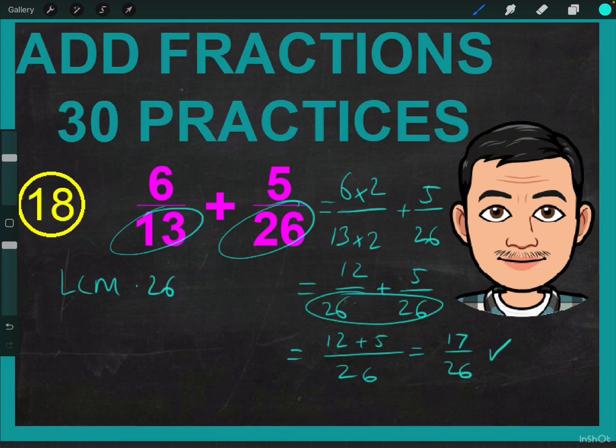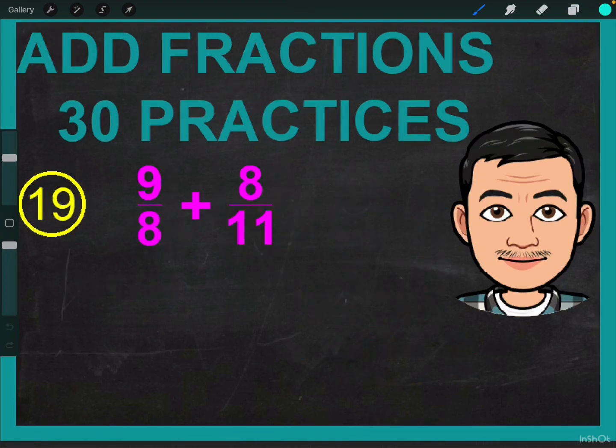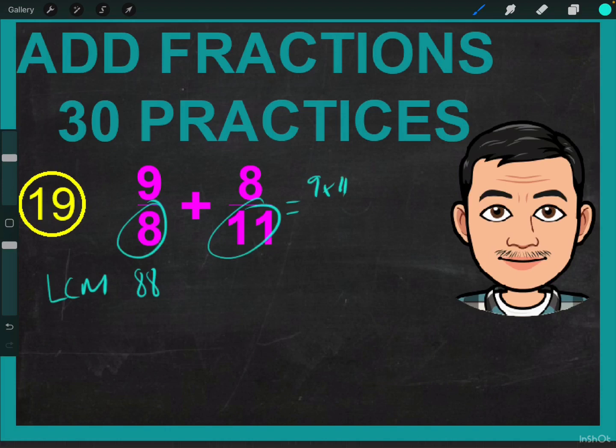And we got 17 over 26. That's the answer. Again, we have two fractions with different denominators, 8 and 11, and the LCM for 8 and 11 is 88. So now we need to convert 9 over 8 and 8 over 11 to something over 88. For the first fraction, we times 11 to both the numerator and the denominator.